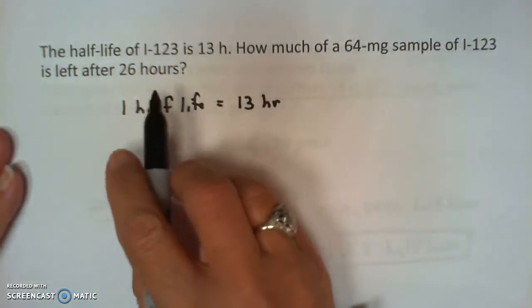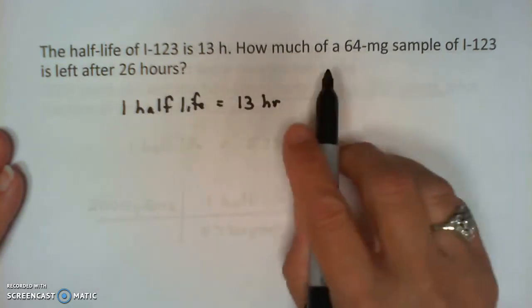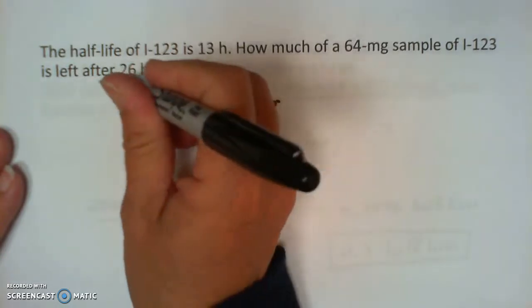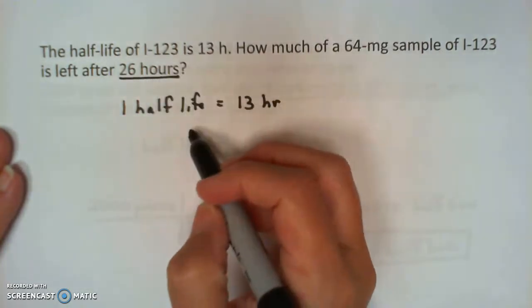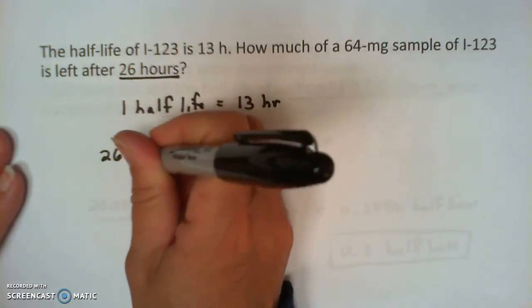They wanted to know how much is left. So we'll need to know how many half-lives have passed. So let's start with our number of hours and convert our hours into half-lives. So 26 hours.